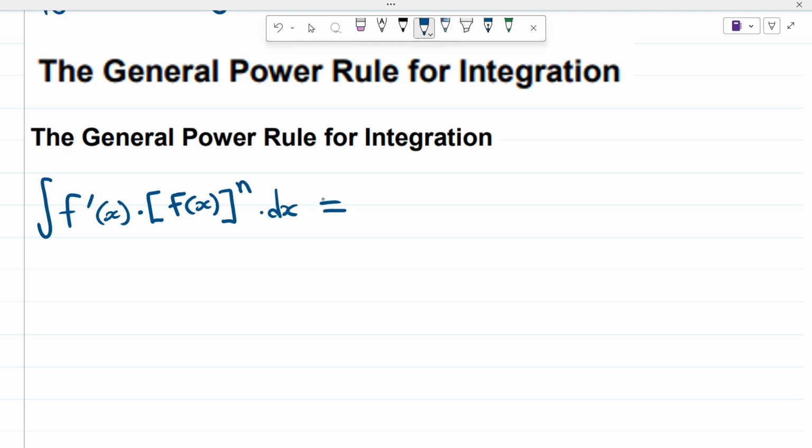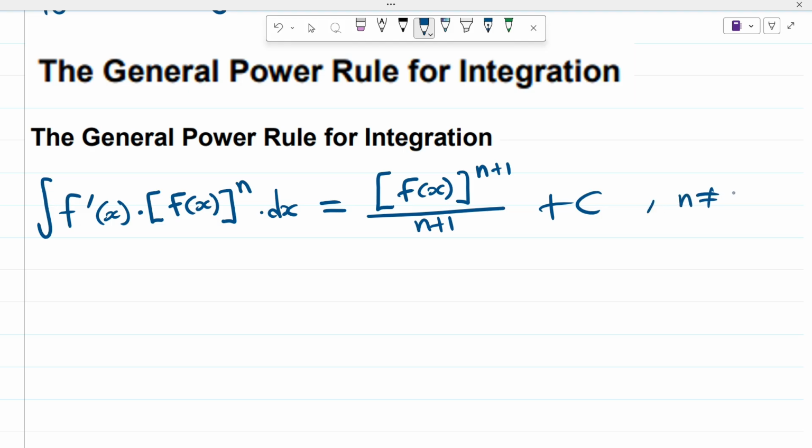And then the answer for this integral is always f of x to the power n plus 1, divided by just n plus 1, plus c. And then of course your n should not be equal to -1.